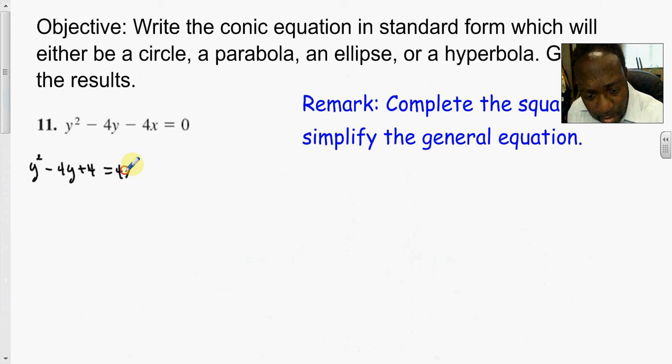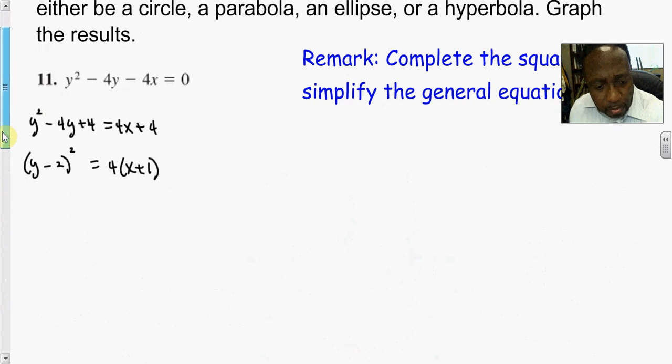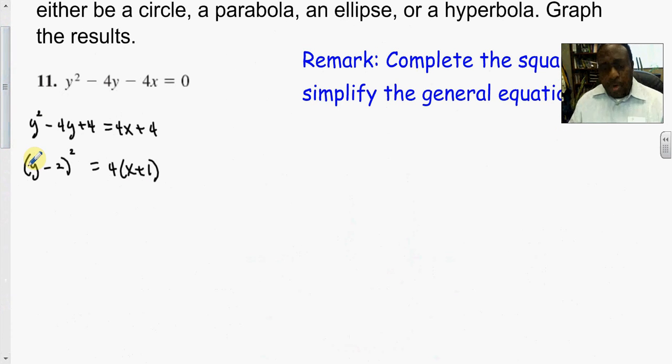So this is 4x plus 4. And so this is y minus 2 squared is equal to 4 times x plus 1.